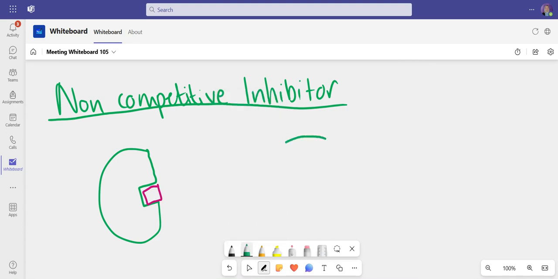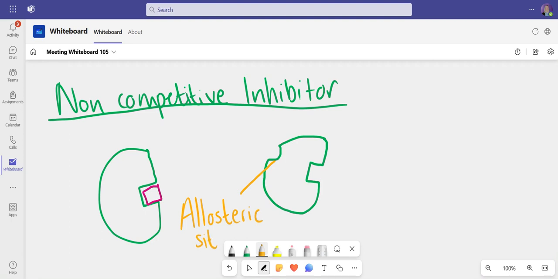So our enzyme has another binding site somewhere else. That binding site can be anywhere on the molecule, anywhere on the enzyme, except the active site. And this is called an allosteric site. Okay, it means somewhere on the enzyme that it binds that is not the active site.